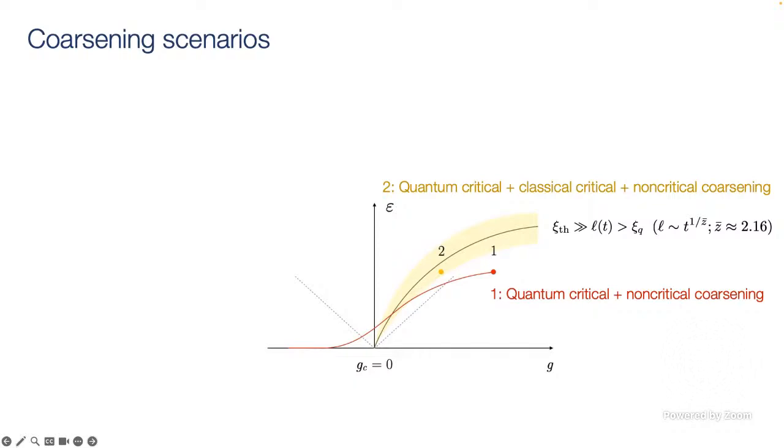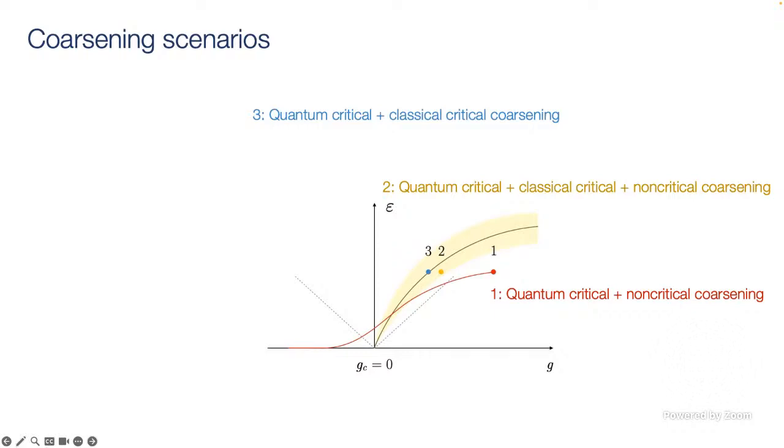But now, once I've introduced these three scenarios of quantum critical, classical critical, and non-critical, I can essentially describe this whole plane. For instance, suppose I have a ramp. Remember that a ramp is just some curve in this plane, and the dot implies where the ramp stops. If I stop my ramp directly on the thermal phase boundary in a very fine-tuned situation, this classical critical coarsening can go on forever.